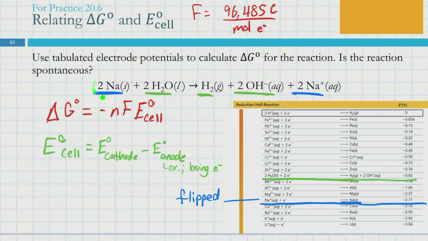Which of these two is losing electrons? Is the sodium losing electrons or is the H2O losing electrons? It's not the H2O. It's the sodium that's losing electrons. It's going from Na to Na+, so it's losing an electron. So our anode is the sodium here.